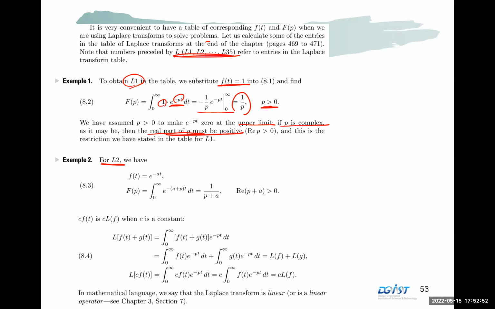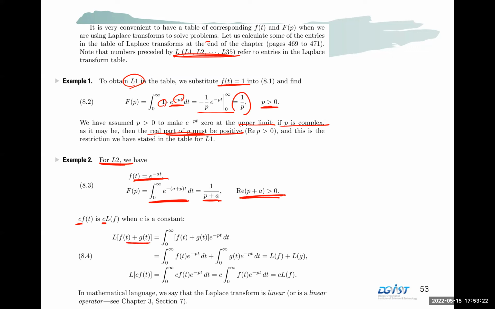Okay, and let's think about L2. L2 corresponds to exponential minus at. So for the Laplace transform, we have this form, and the result is 1 over p plus a, and the real part of p plus a must be positive to guarantee convergence. If we multiply by a constant c, then we obtain the constant c multiplied by the result of the Laplace transform.